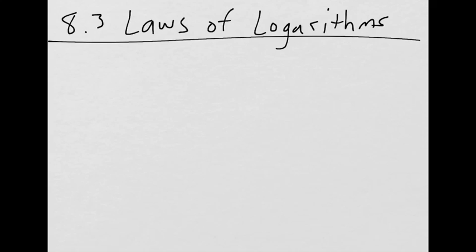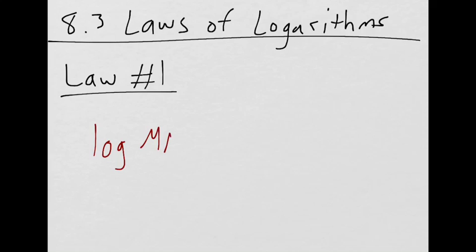So I'm going to go through the three big laws about logarithms and then do some examples for how that arithmetic works. Okay? So let's start with law number 1. Which basically looks like this. You have a log of a product with a base.